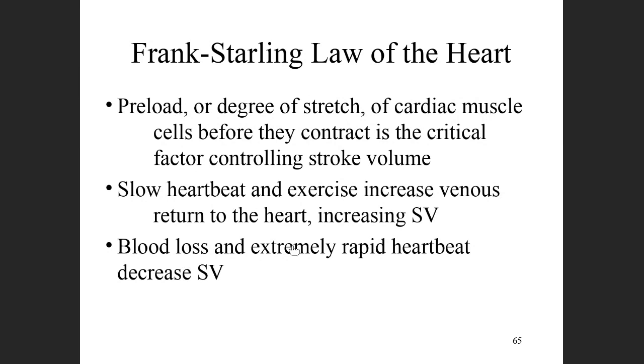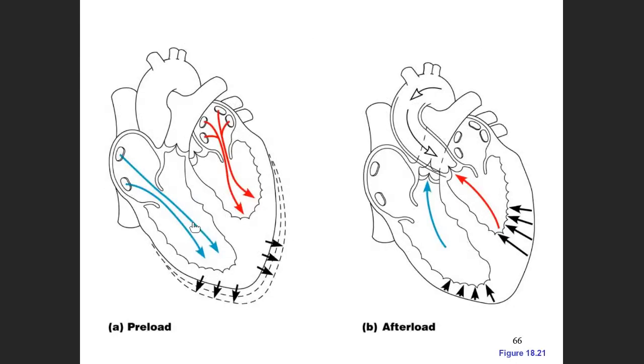If it's blood loss, there's going to be less blood coming back to the heart, and less stroke volume comes out. Here it shows you preload: the stretchability of the cardiac myocyte to reach the optimal length. And the afterload is the back pressure that you see here. If the afterload increases, the volume of blood out decreases.